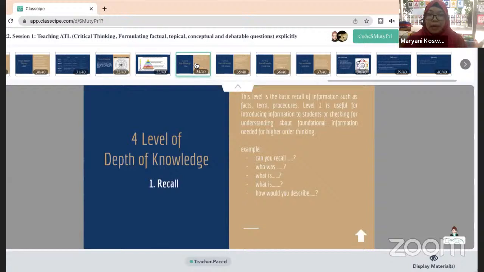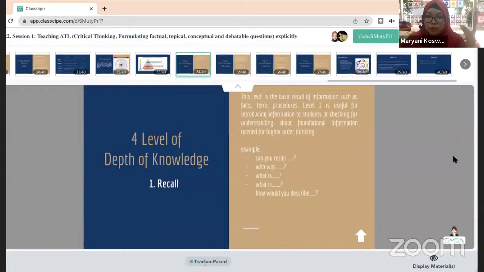And then perhaps for PYP teachers, you are familiar with the what question form, but in depth of knowledge, what is not all about remembering. Later on, you can see that you can use what for different stages.